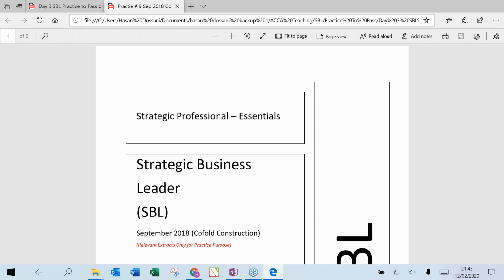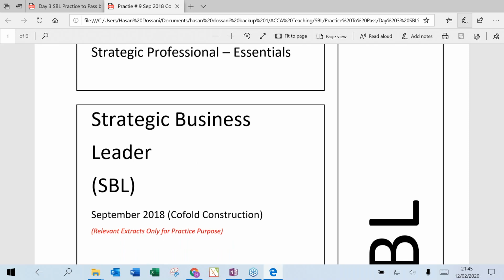All the projects are sponsored by the company, whether through loan or equity or shareholders. But who in the company? So normally it's the concerned or the relevant director who takes business ownership of a project. All right, now let's do September 2018.